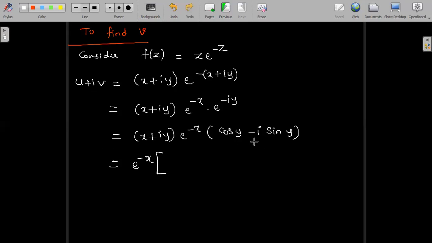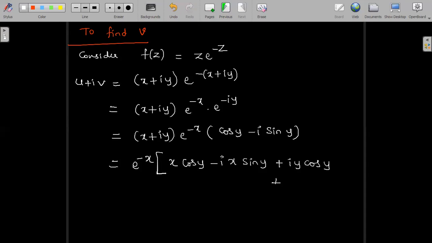So we have x into cos y. First I will multiply x with both the terms: x into cos y minus i into x into sin y. Then the second term is plus iy cos y, and the last term is i into i, which is i square, that is minus 1.